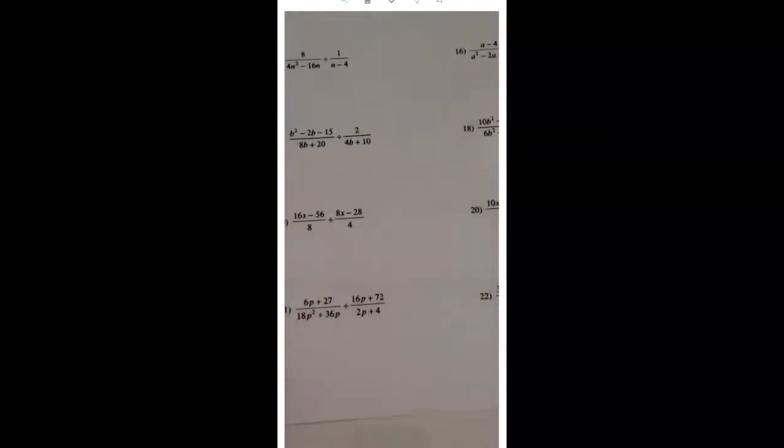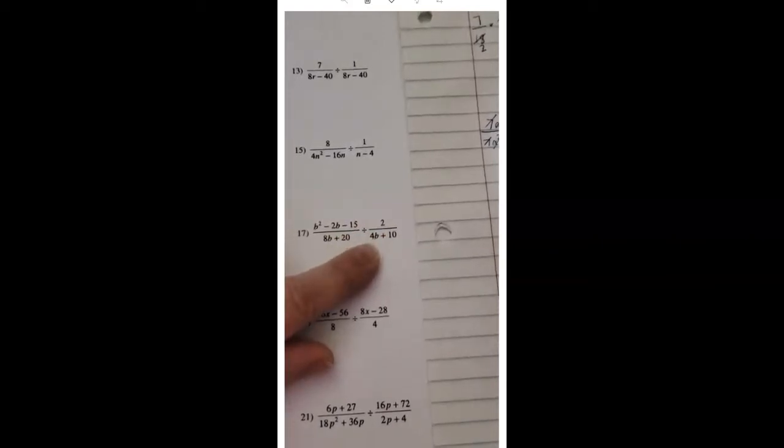And again, you'll notice there's not a lot of difference between what I'm doing on dividing and what I did on multiplying, except that the very first thing I do is flip that 2 and put it on the bottom, and the 4b plus 10 I'm going to put on the top. So I'm going to factor b squared minus 2b minus 15, and I'm going to get b minus 5 and b plus 3.